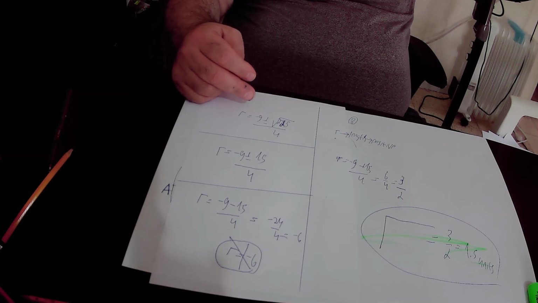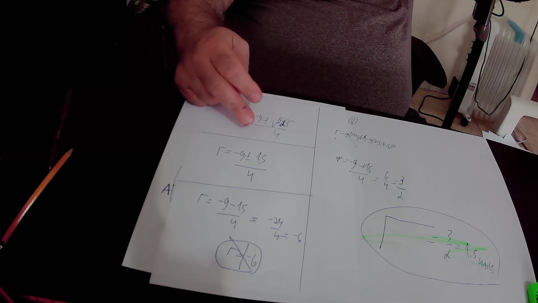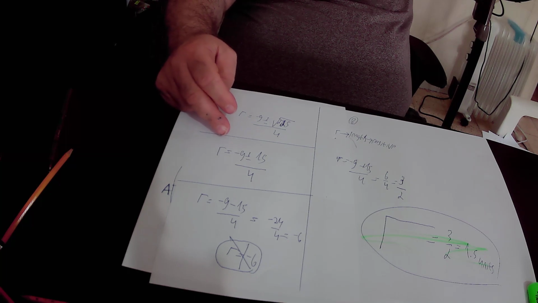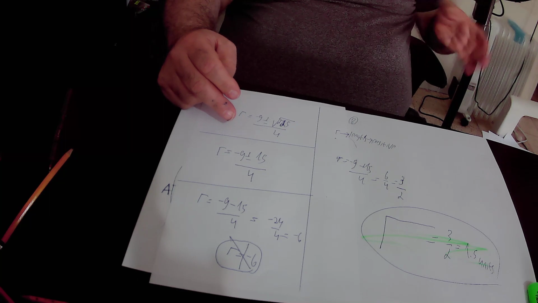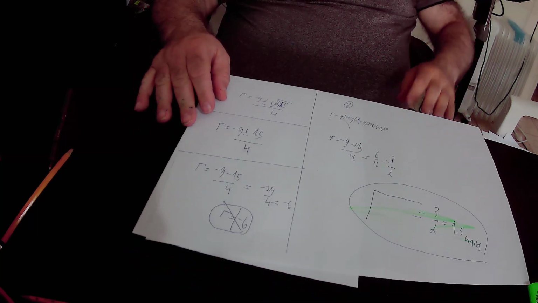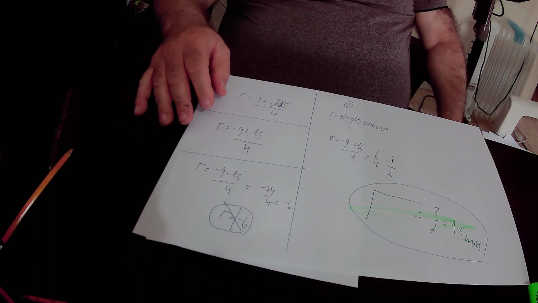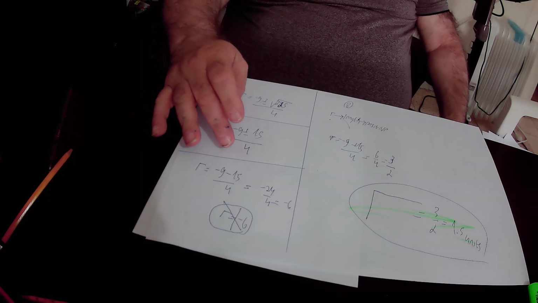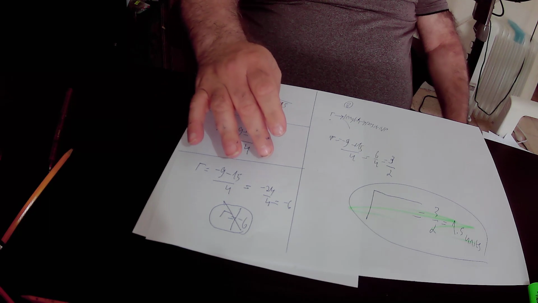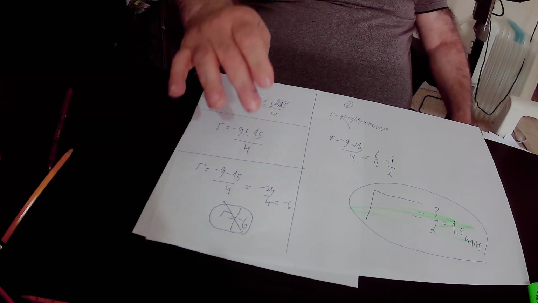The square root of 225 is 15, so in conclusion we found out that r equals minus 9 plus minus 15 over 4. So here we have two possible solutions for r, the radius of the small circle. R equals minus 9 minus 15 over 4. Minus 9 minus 15 is minus 24, and minus 24 over 4 is minus 6.